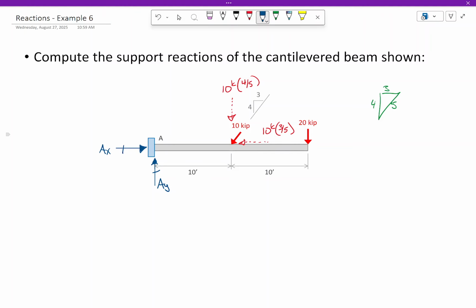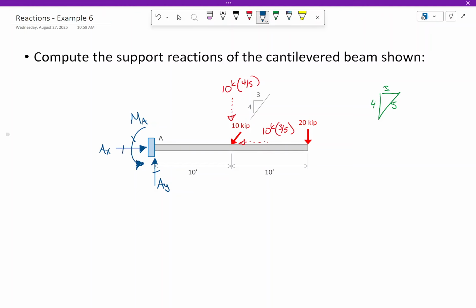Again, with assumptions there is no right or wrong answer. Would you like me to assume clockwise or counterclockwise? Counterclockwise. Okay, so we'll assume counterclockwise, and I'll call it MA. If you want to call it A sub M, I don't care. Whatever you want to do.